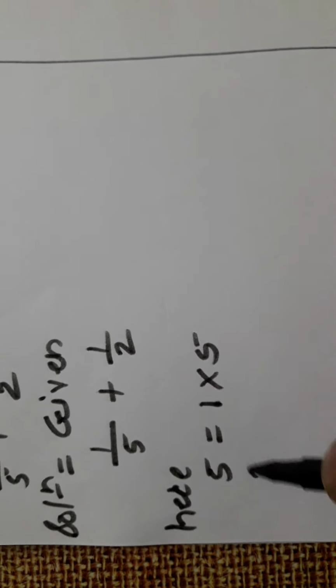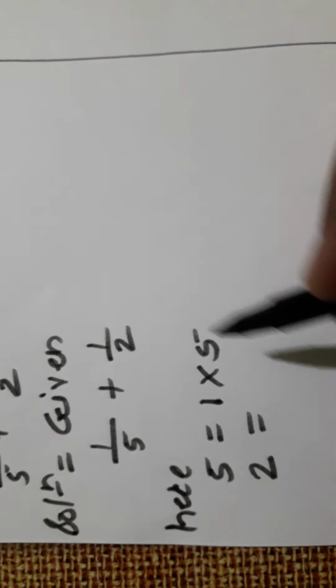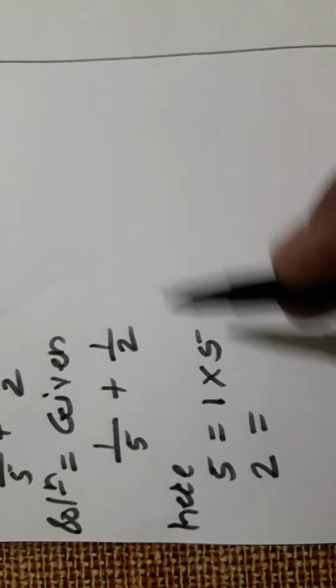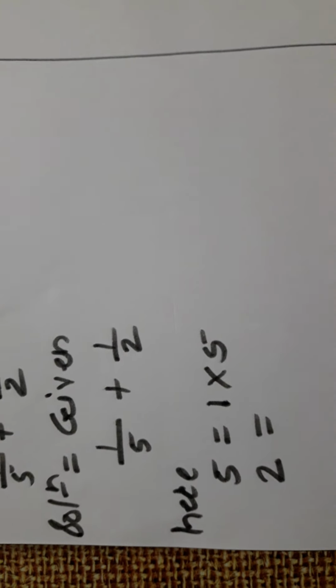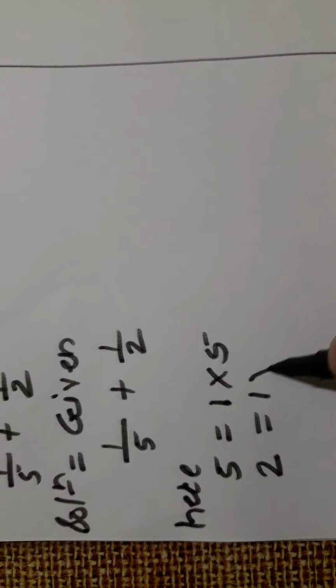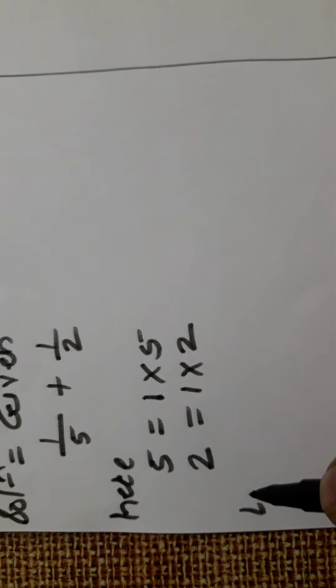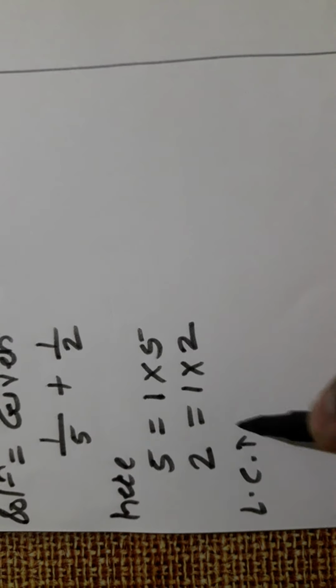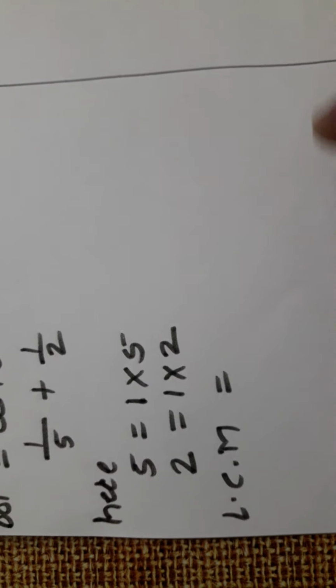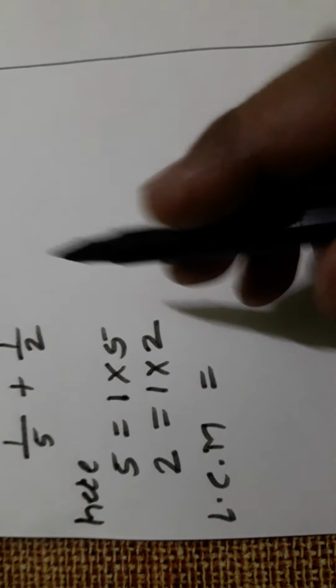The second denominator is 2. Find the factors of 2 also. 2 is also a prime number, so its factors are 1 into 2. Now you have to find the LCM, the least common factor.